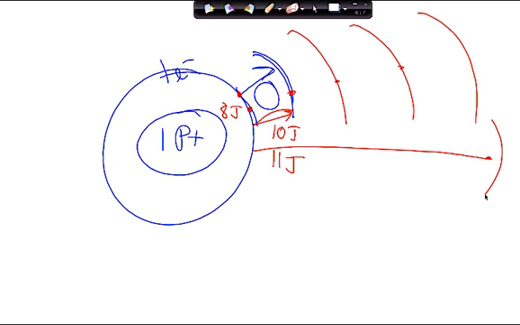And then it will take that extra energy with it in the form of acceleration. But if it's not enough energy to allow that electron to escape, it just won't jump. Does that make sense? Okay, go ahead.